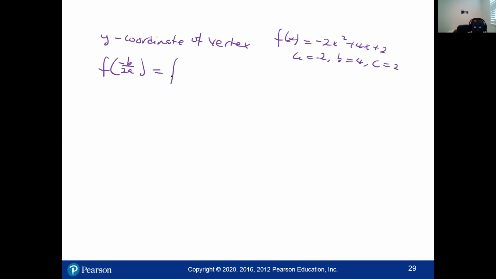So when you do this, f of 1 is basically minus 4 over 2 times minus 2. This will give me f of 1. So let's plug that in.